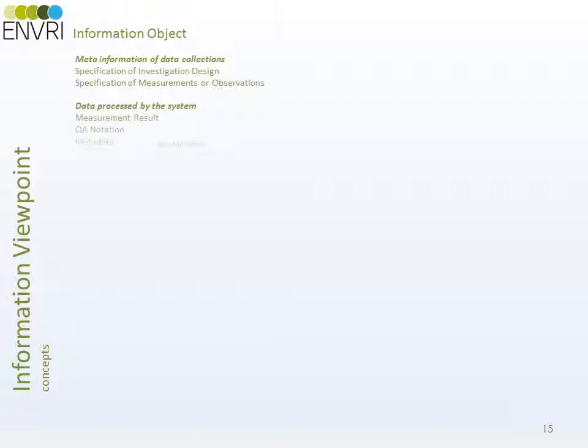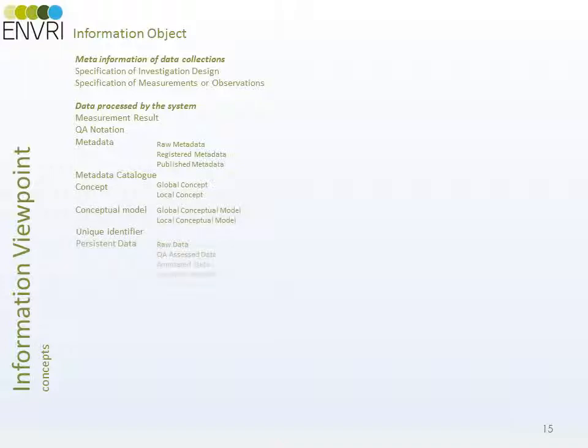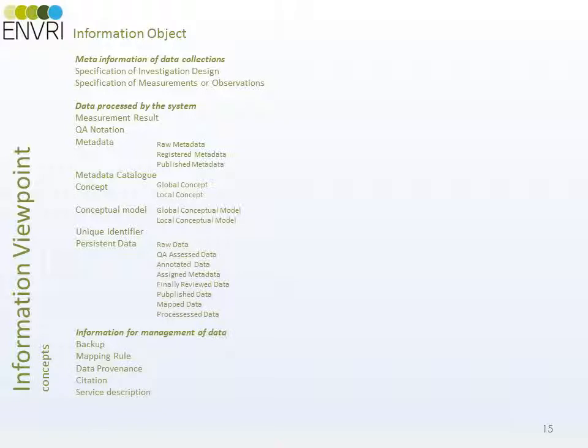The first type of information is meta-information for data collections, typically those related to the design of observation and measurement models, including the specification of the observation or measurement, the description of the measurement procedure.